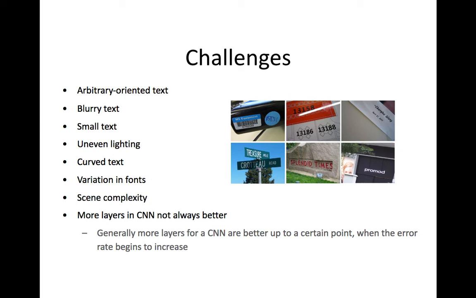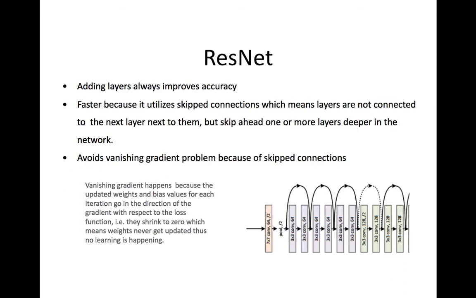Generally CNNs are good for almost any object detection, but they're good only to a certain point. You can't just add more layers to a CNN and continue to improve accuracy. Eventually that accuracy diminishes. ResNets are a type of neural network that keep improving accuracy. They avoid what's called the vanishing gradient problem, where the weight updates follow the gradient, which approaches zero.